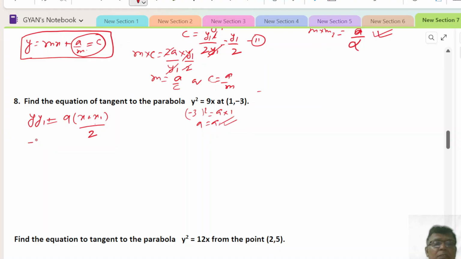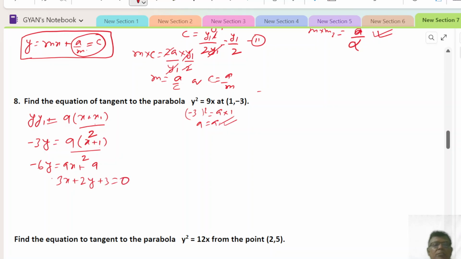So minus 3y is equal to 9 into (x plus 1) divided by 2. Then minus 6y is equal to 9x plus 9. That means 3x plus 2y plus 3 is equal to 0. This is the equation.